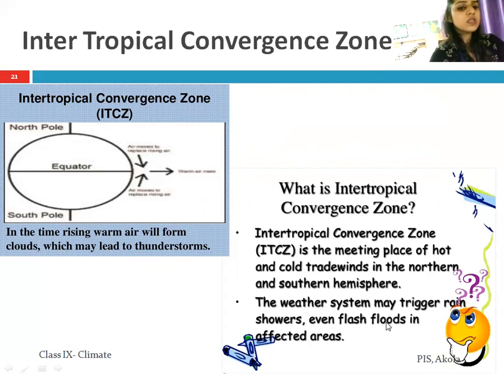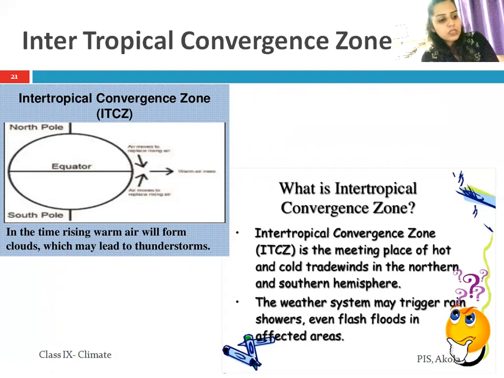The weather system may trigger rain showers, even flash floods in affected areas. In the time, rising warm air will form clouds which may lead to thunderstorms. So in short, ITCZ is a broad trough of low pressure in equatorial latitudes.